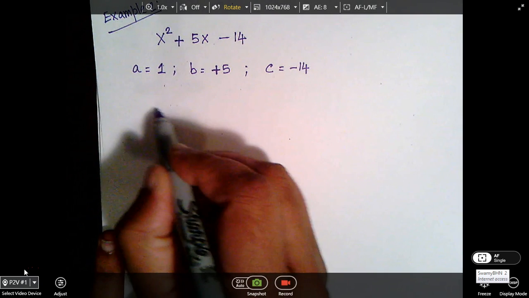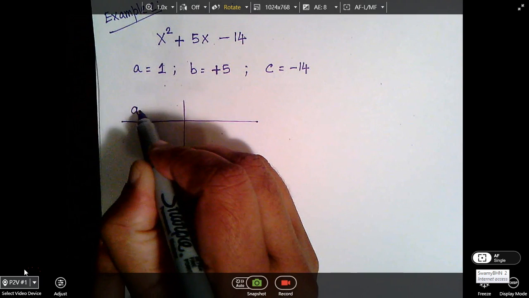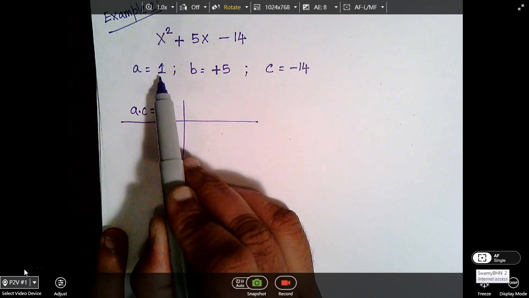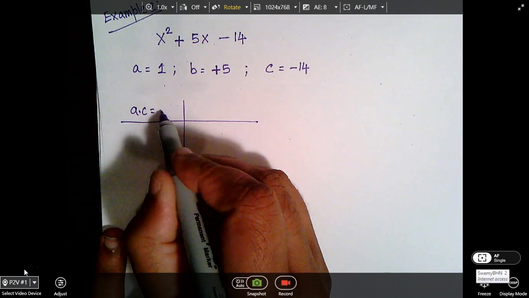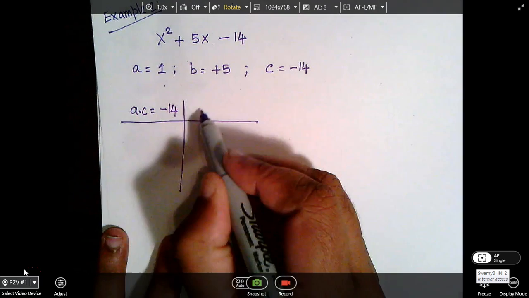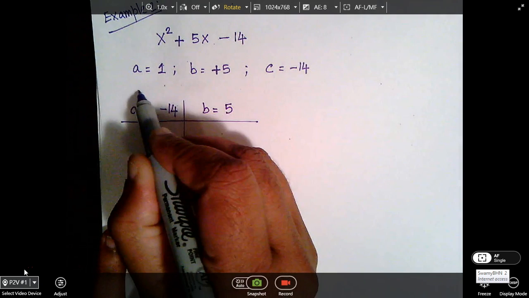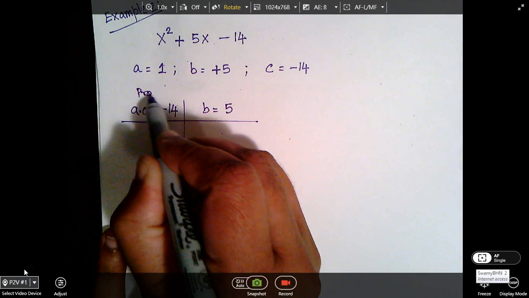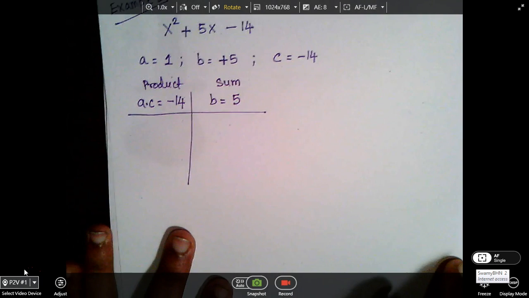So now again, a times c. Now it is 1 times negative 14. So the sign matters, right? 1 times negative 14 is negative 14. My sum is a positive 5. So this is my product and this is my sum. Alright, you can also call it a product sum method.